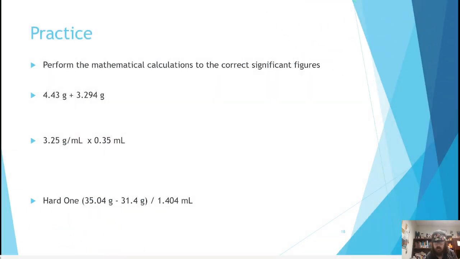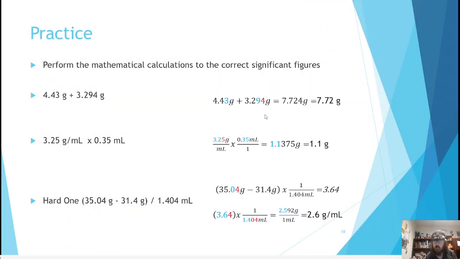Now with that in mind, let's just show the answers. That's where we will stop. We'll look more at the math aspect of this in another video, where we'll look at dimensional analysis.